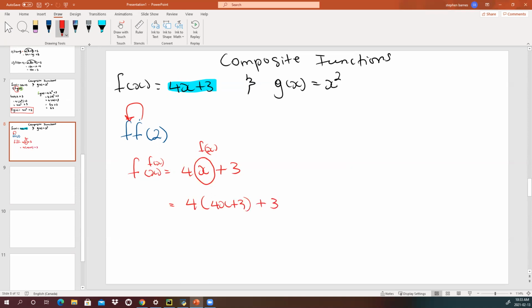Then you work out the algebra: 4 times 4x gives you 16x, plus 12, plus 3 gives you 15. So 16x plus 15. That is the f of f function.